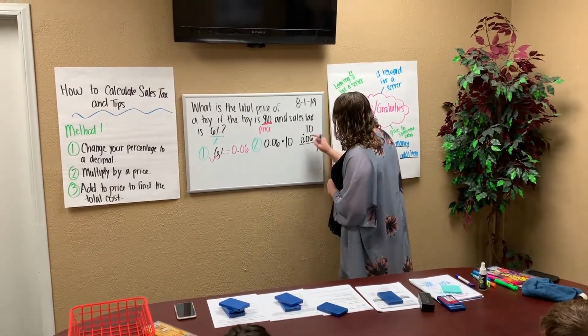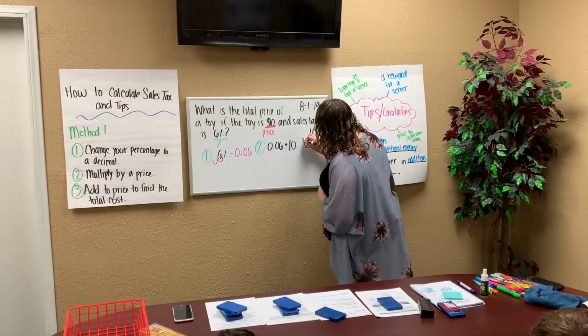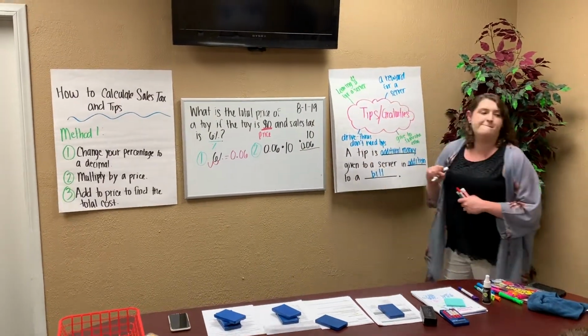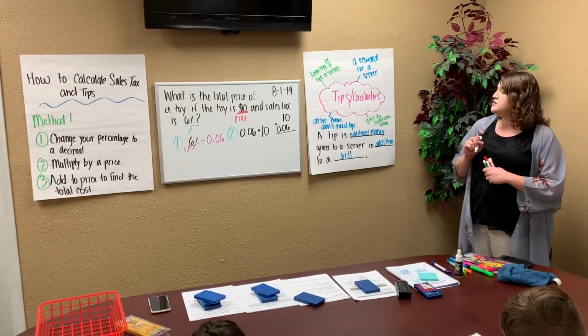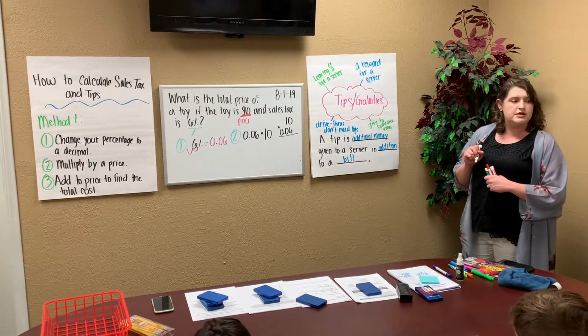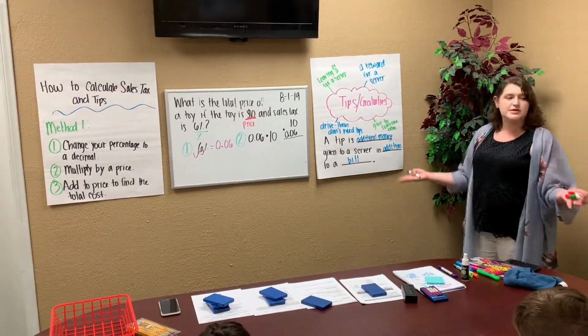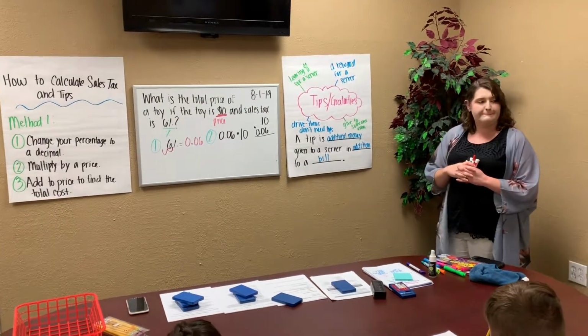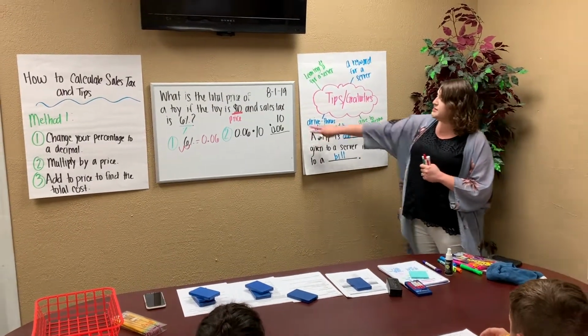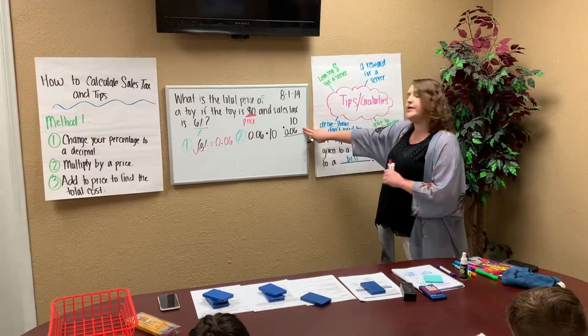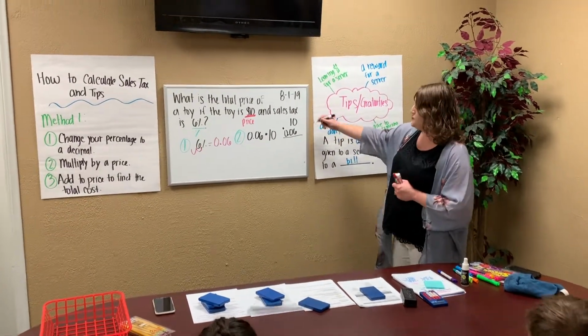Let me line that up better. It doesn't matter which order we do on this one, it's going to be easy either way. I put 10 on top, 0.06. You can do it the other way. You get the same answer.